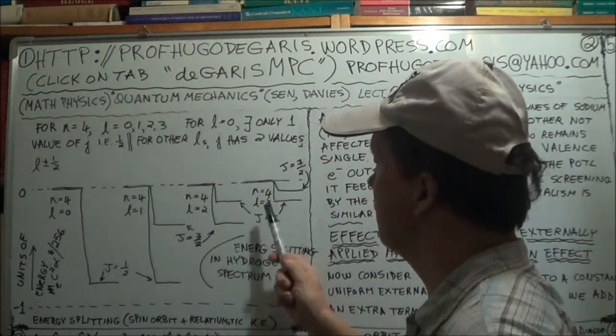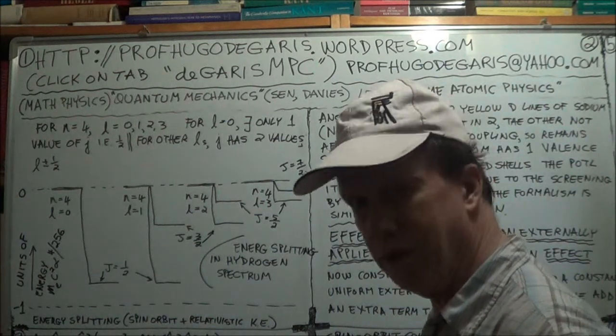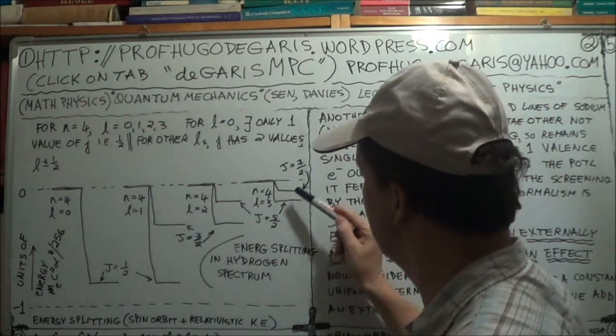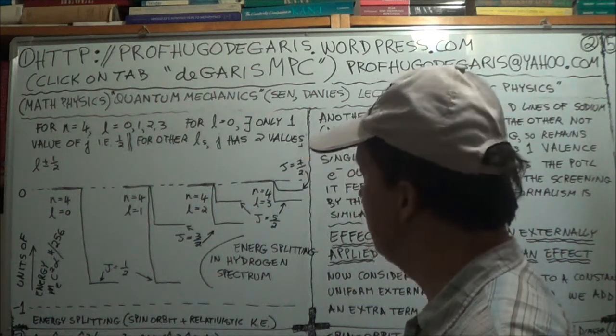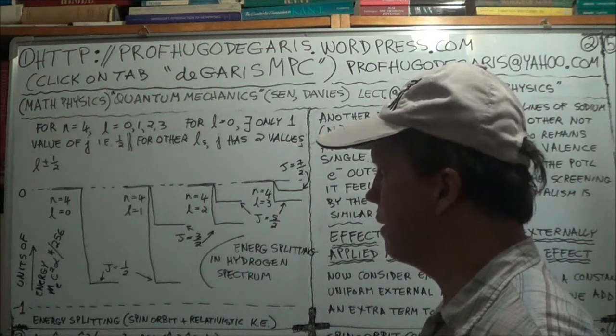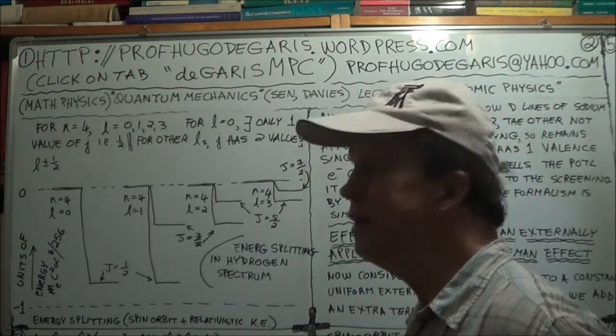And when L is 3, J can be 3.5 or 2.5, so 7 over 2 or 5 over 2. Right? And that's observed with fine instrumentation.